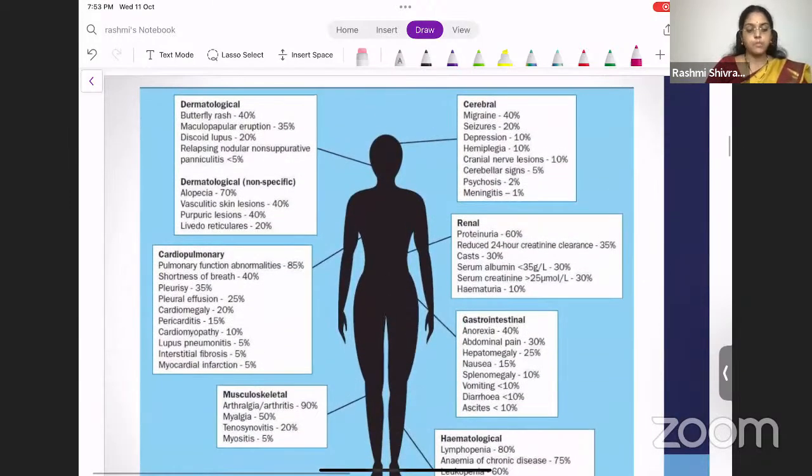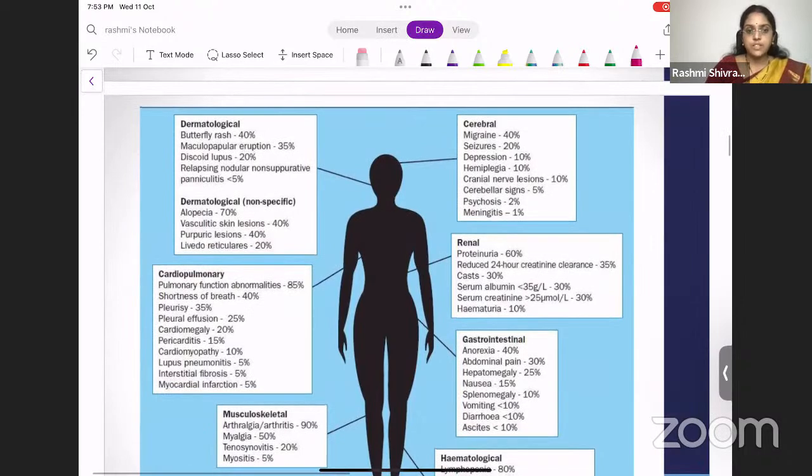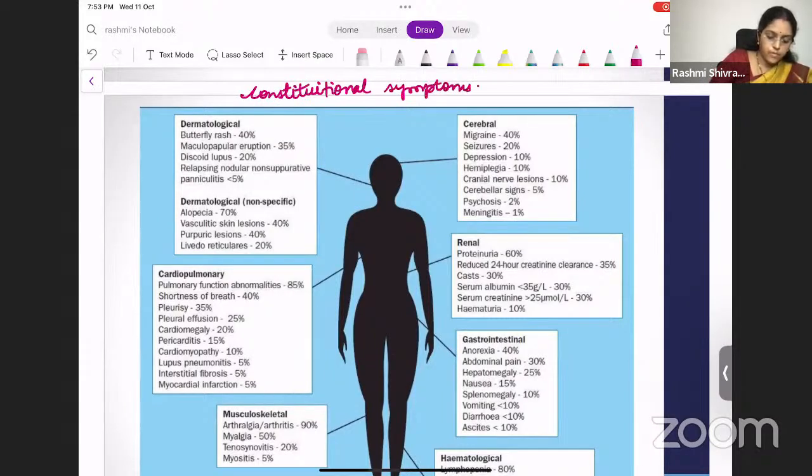Yes. So moving on to the most important part, which is manifestations. Before we move on to this heavy slide, when do you suspect SLE in a patient? The first thing is a young childbearing age group woman who is having some constitutional symptoms, right?